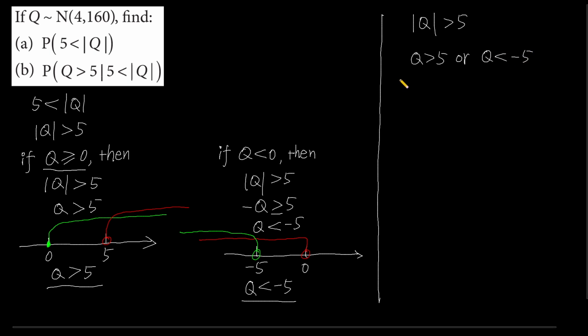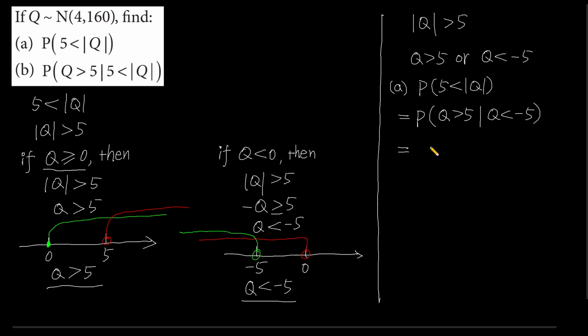So for question A, the probability that 5 is smaller than the absolute value of Q equals the probability that Q is bigger than 5 or Q is smaller than negative 5.